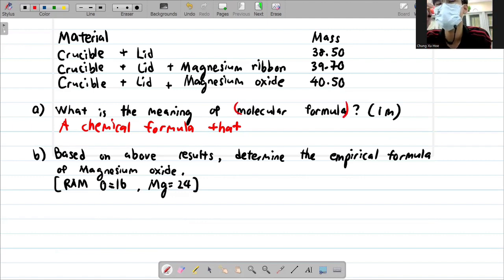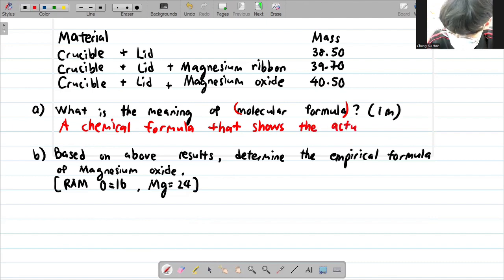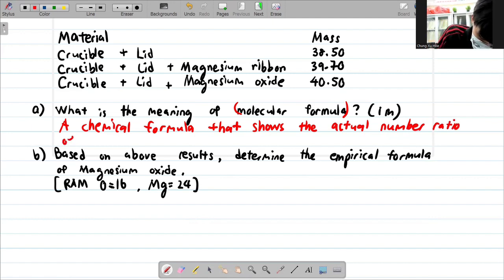Molecular formula means it shows the actual number ratio, right? Actual number ratio of, don't ignore your atom, of each element in a compound.